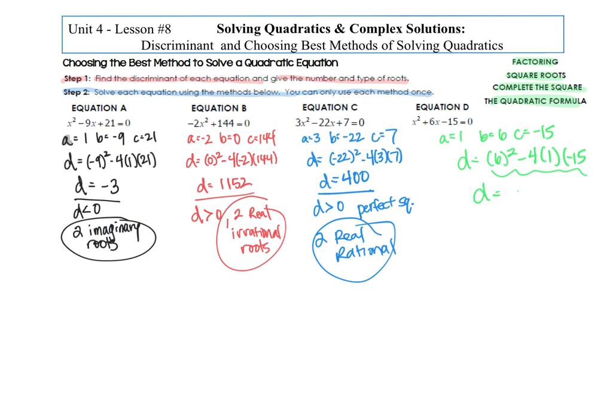This makes 96, a D value that is greater than 0. 96 is not a perfect square, sorry. So we got 2 real and irrational roots again.